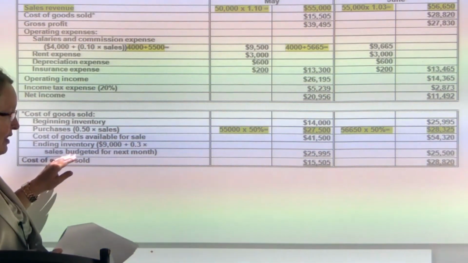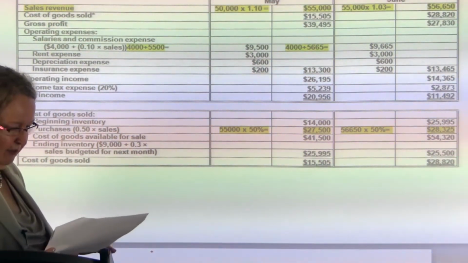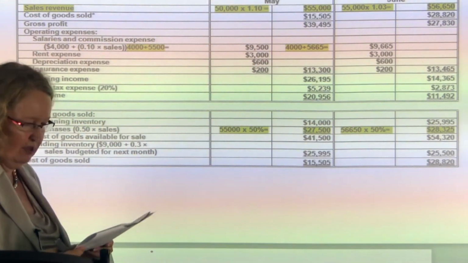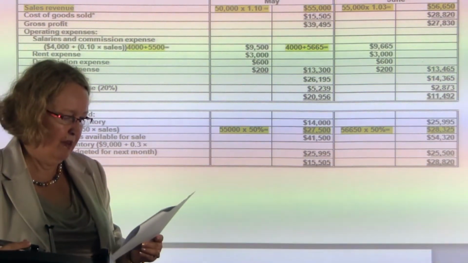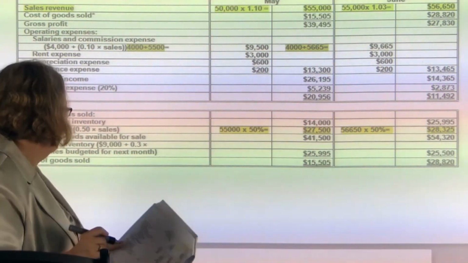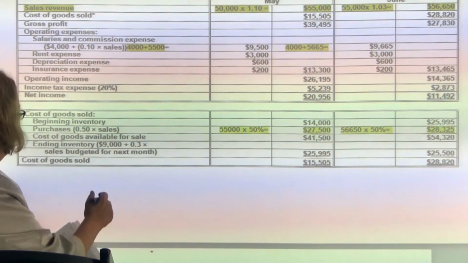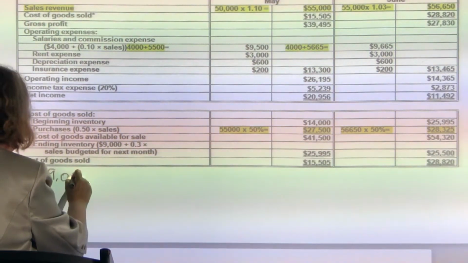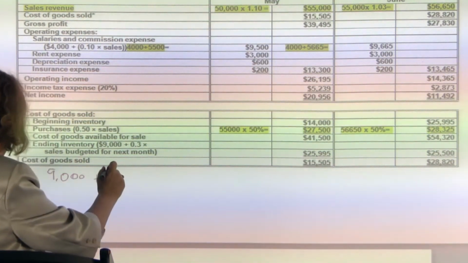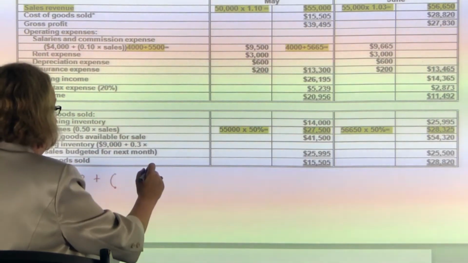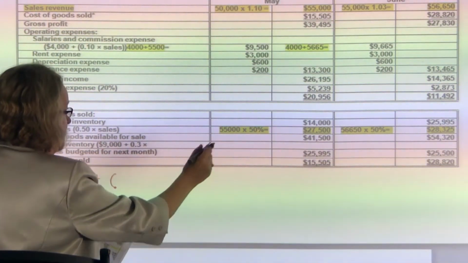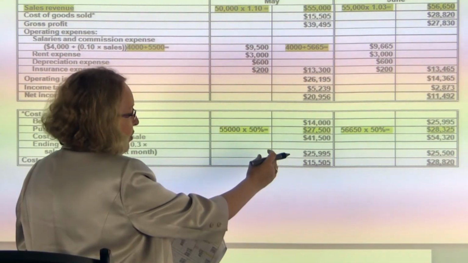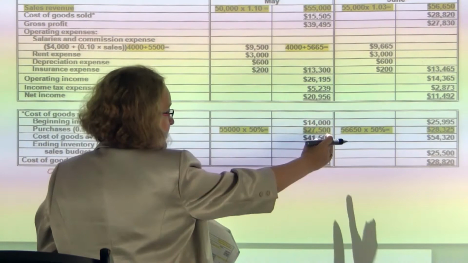Then your ending inventory is comprised of two components. It's comprised of $9,000 plus 3% of the budgeted sales for the following month. So when we're looking at this number here, it's 9,000 plus your budgeted sales for the next month. In the month of May, we are looking at your budgeted sales for the month of June.